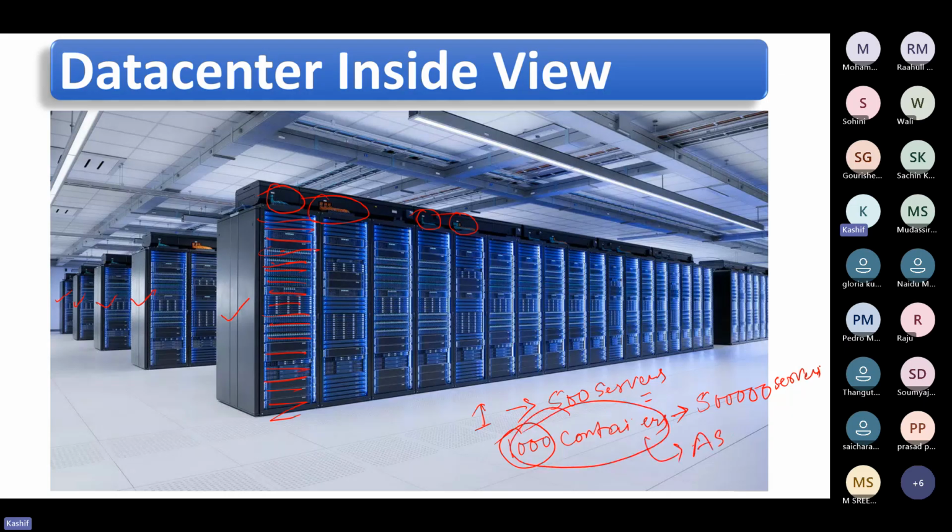For example, a combination of 1000 containers will have about 500,000 high configured servers. So in one cluster, you will have 500,000 servers or more, right? Intune services are running on the Azure Service Fabric Cluster. In every data center, you have this Azure Service Fabric Cluster, and Intune services run in the cluster itself, wherein you will have thousands and thousands of high configured servers. So that is the inside view of the data center.